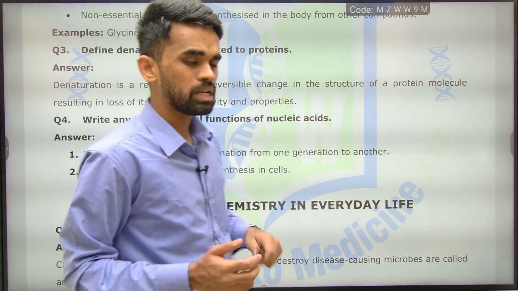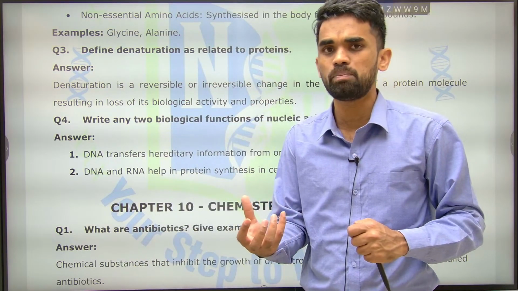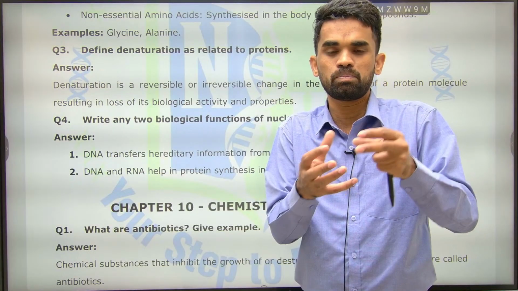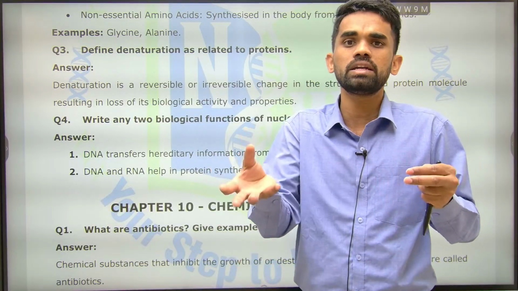For example, when you heat a protein molecule, it loses its biological activity and the property it showed. That property is lost when we are heating it or cooling it.